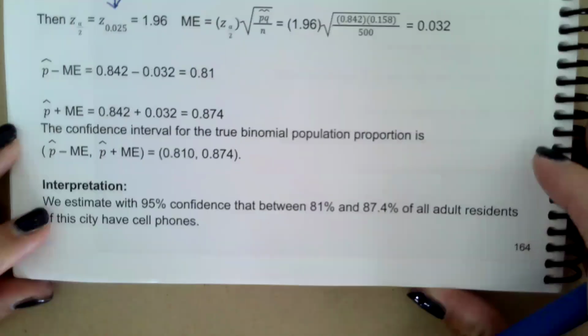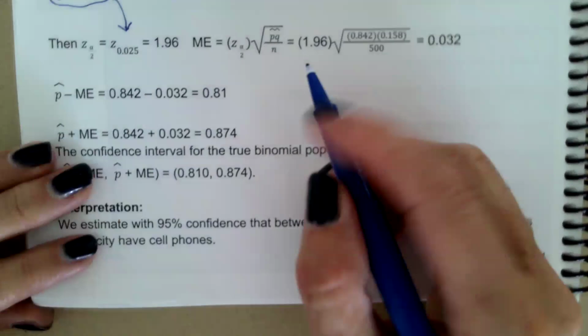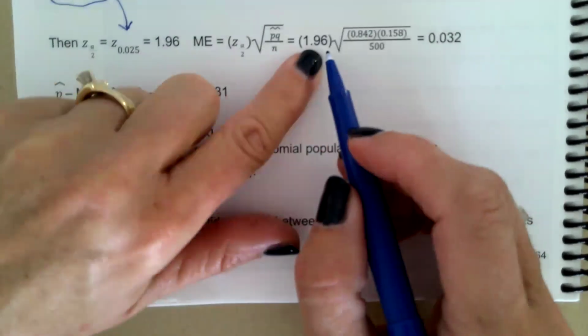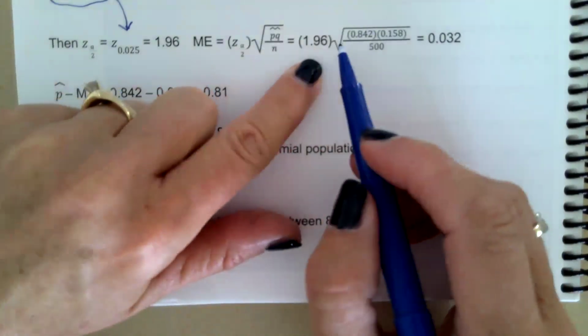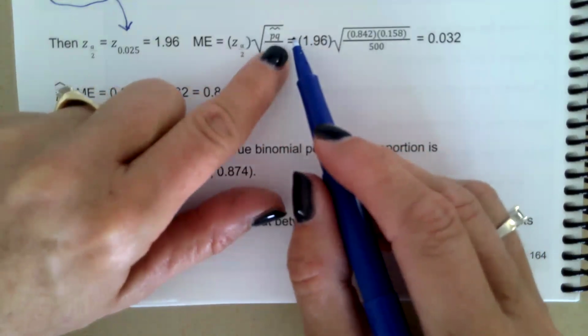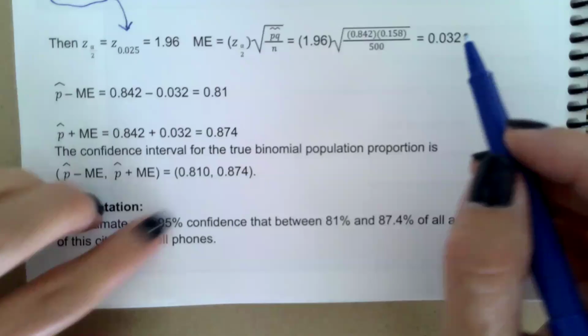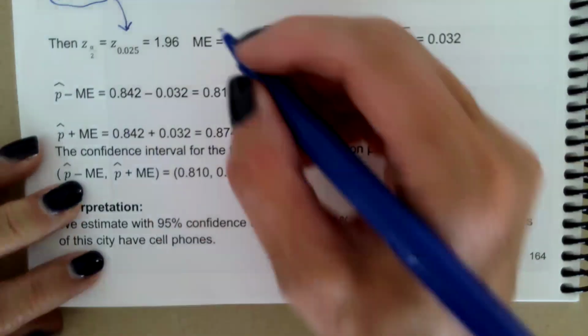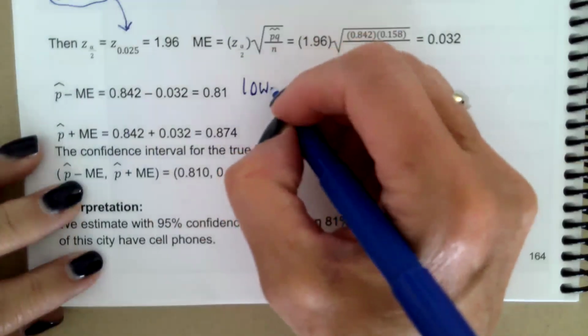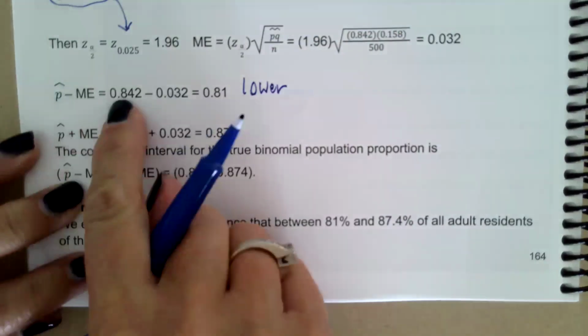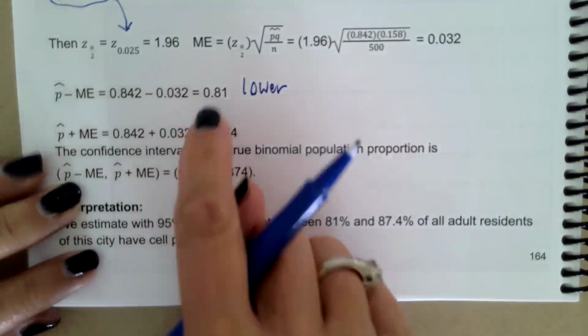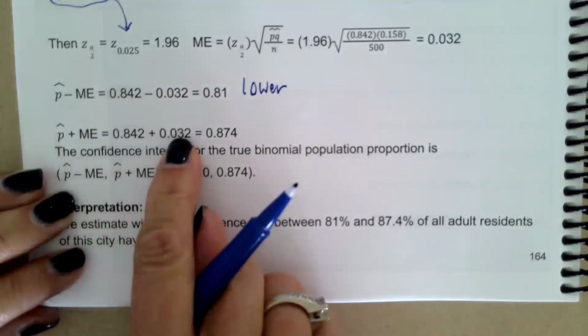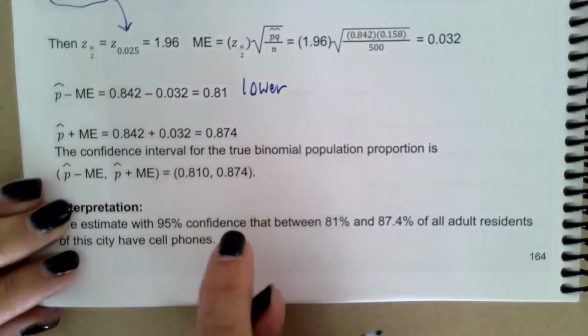Okay. So the formula. Our margin of error is our critical Z value, 1.96, times the standard error, which is the square root of p hat times q hat divided by n. So my margin of error is 0.032. And so my lower boundary of the confidence interval is my p hat subtracting my margin of error, 0.81, and my p hat adding my margin of error, 0.874.